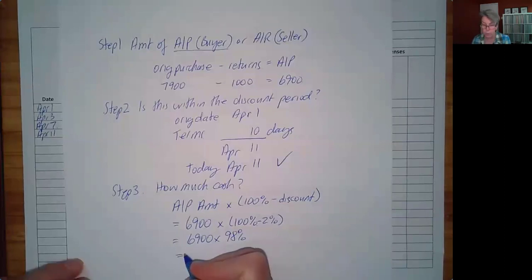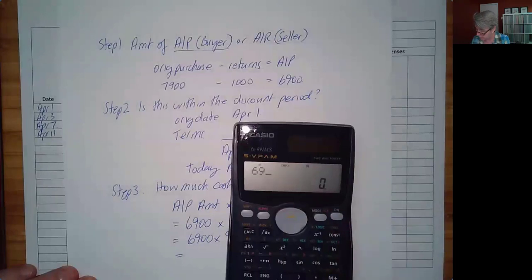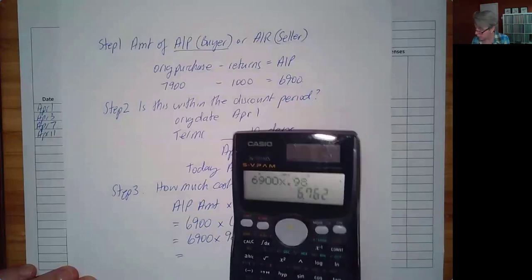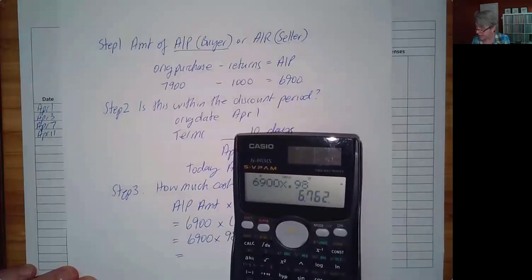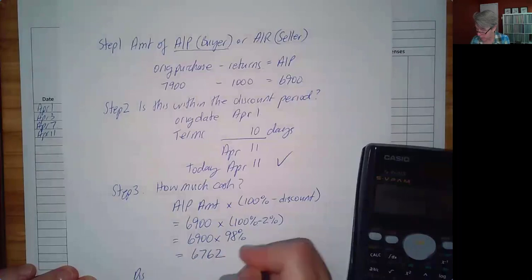And that is going to be equal to, I've got my calculator out here, $6,762. Now we have to look at what is the amount of the discount. So this is the amount of cash, discount.